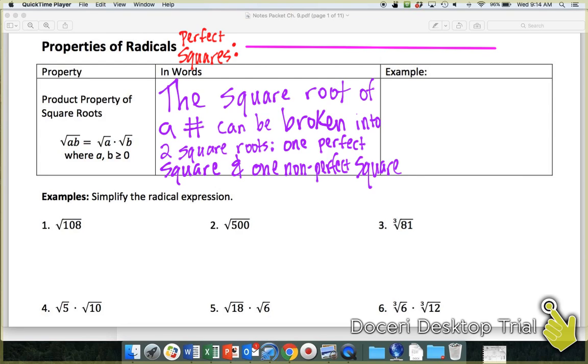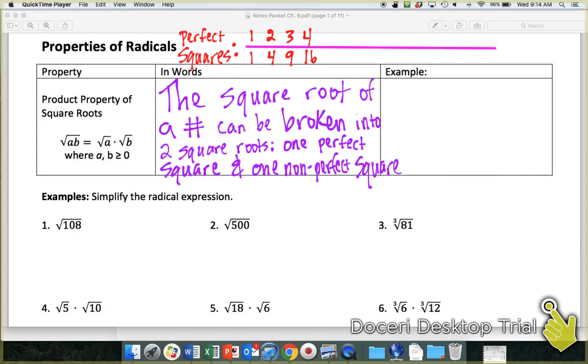You guys help me out with this. What is 1 squared? 1, right? What is 2 squared? 4. Yep. 3 times 3, 3 squared. 9. 4. Okay.